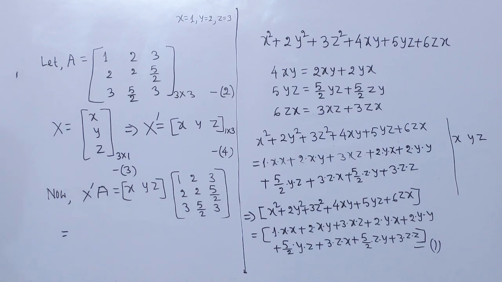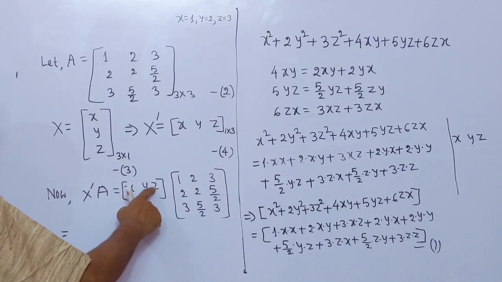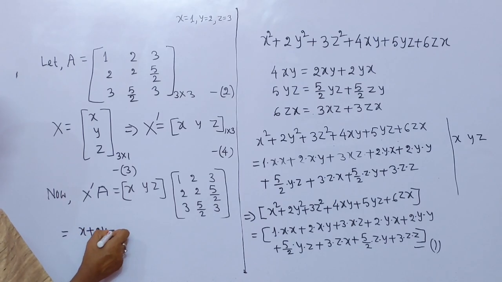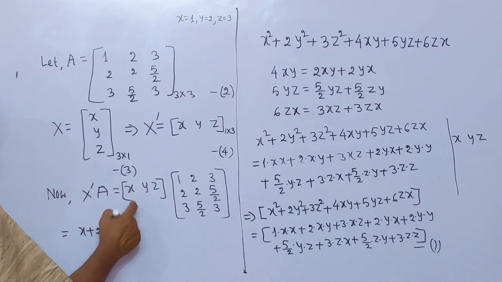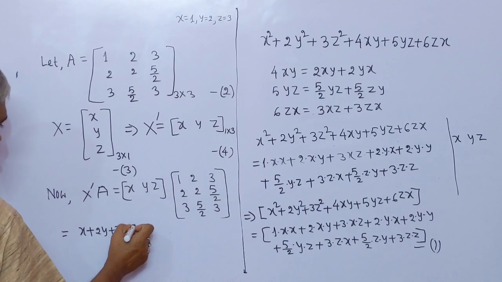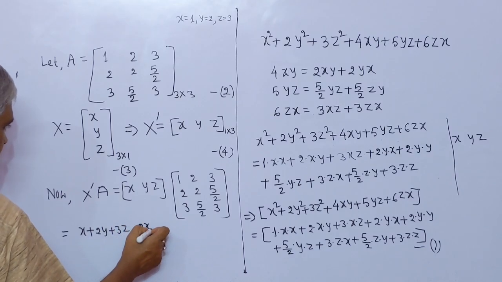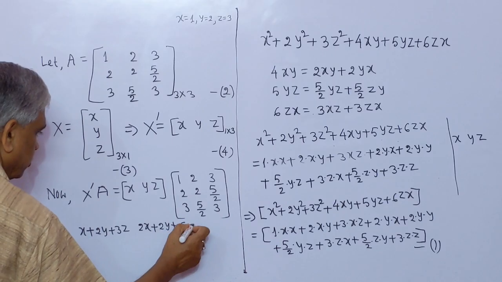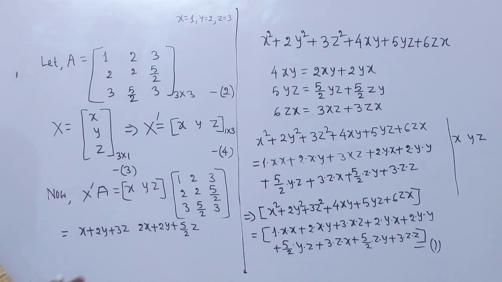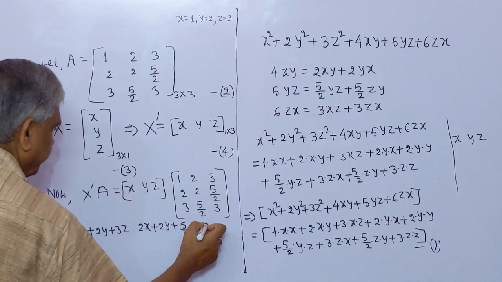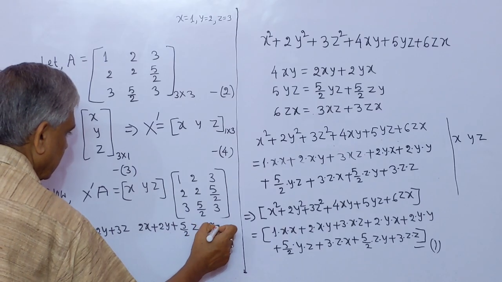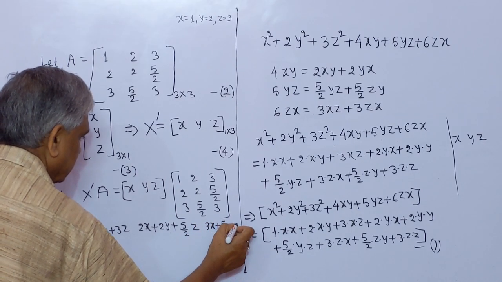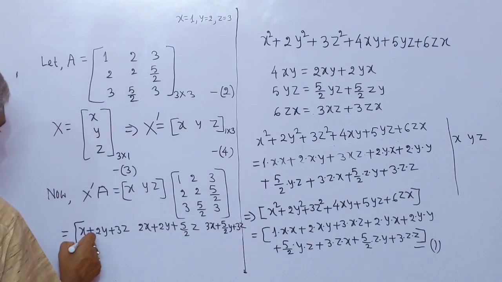This will be equal to, now multiply first row, first column: x plus 2y plus 3z. Now first row, second column: 2x plus 2y plus 5 by 2 z. Now first row, third column: 3x plus 5 by 2 y plus 3z. This is a row matrix.